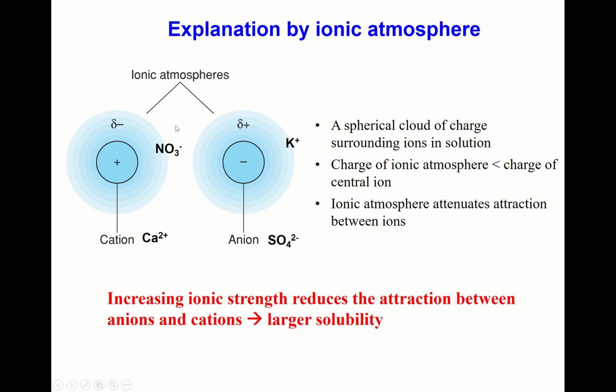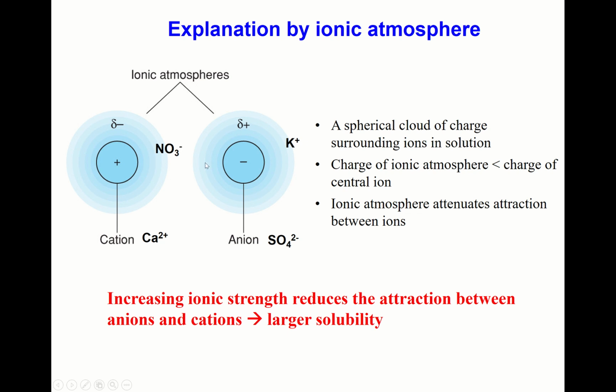Since the nitrate ion takes the negative charge, it contributes to this ionic atmosphere, as we call it. It contributes partial negative charge to the calcium ion. As a result, the effective charge of calcium ion is not divalent, but smaller than +2, because of the partial negative charge contributed by the nitrate ion.